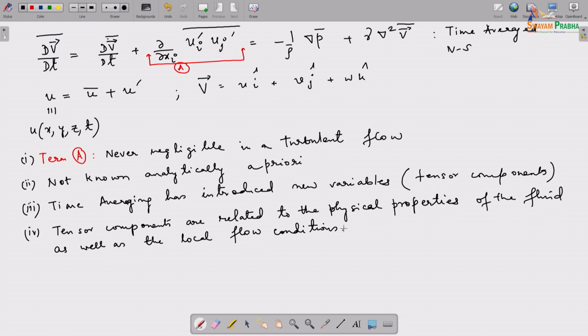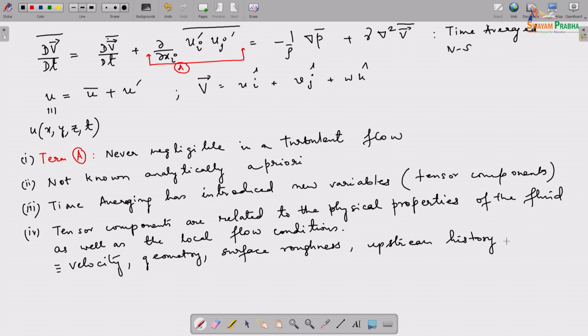So we are essentially talking about, say, velocity, geometry, surface roughness, and also important, history.